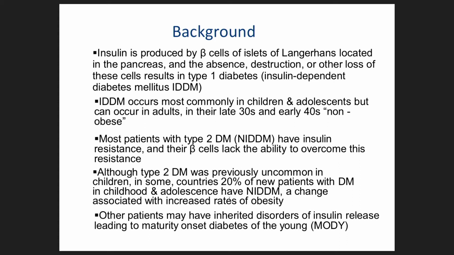So if you face a child or adolescent with diabetes who is obese, think of type 2 diabetes, because type 2 could happen also in children, not necessarily only in adults. There are other inherited forms of diabetes that could happen in children and adolescents, called MODY. MODY is an abbreviation of maturity onset diabetes of the young.